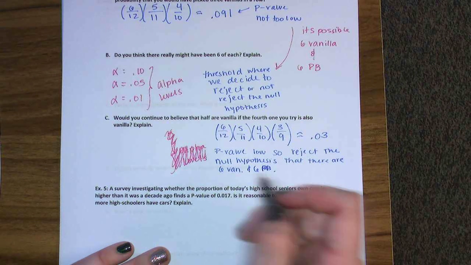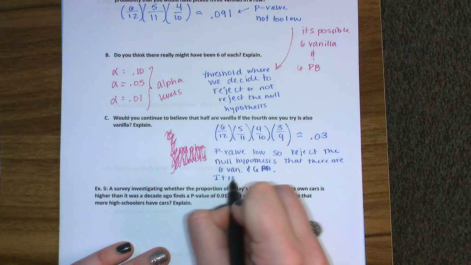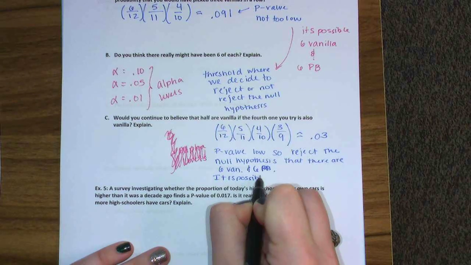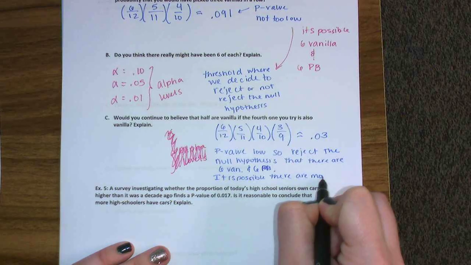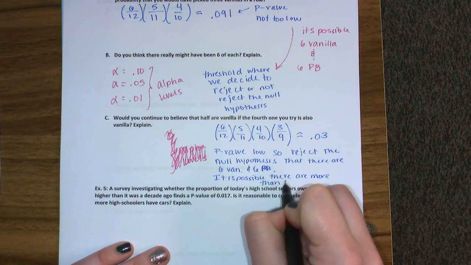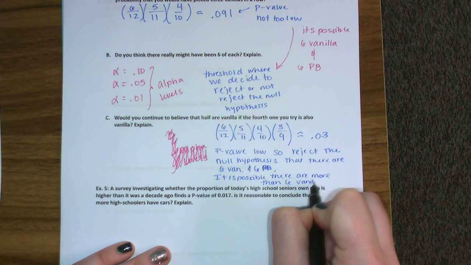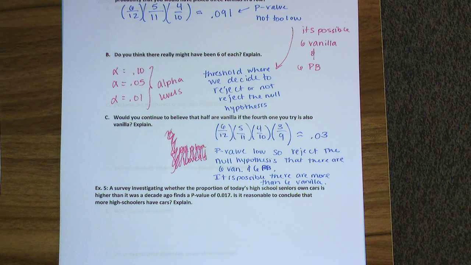So it is possible there are more than 6 vanilla. Okay. Now obviously there are things that could factor into this, like a box of chocolates literally could be that in one row they're all vanilla and then the other row is all peanut butter, and they're pulling from the same row every time.